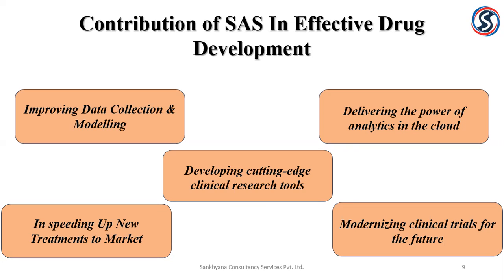In this process, we have improving the data collection and modeling, delivering the power of analytics in the cloud, developing cutting edge clinical research tools to speed up new treatments to market, and modernizing clinical trials for the future.